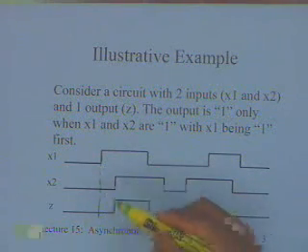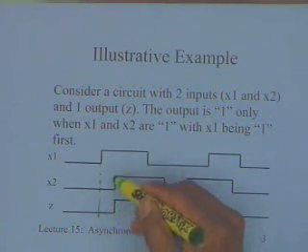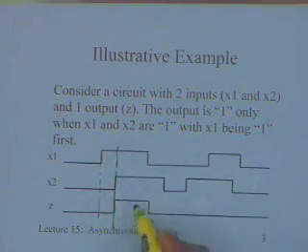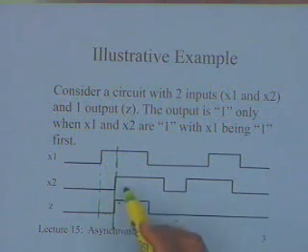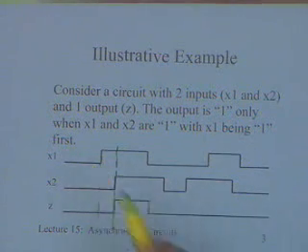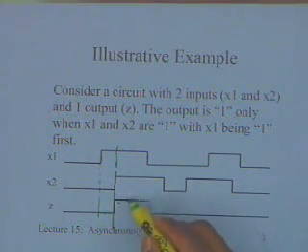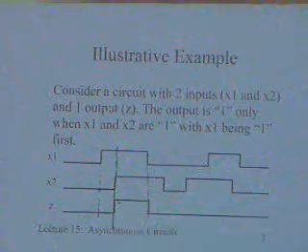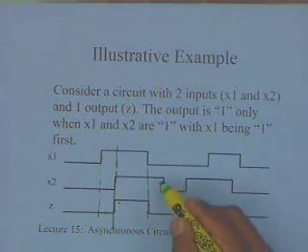Once x2 goes 1, then z is going to change to 1, because both of them are 1 and x1 became 1 earlier, and these are the conditions for z to be 1. So this will remain a 1, but once x1 goes to 0, z will go to 0.